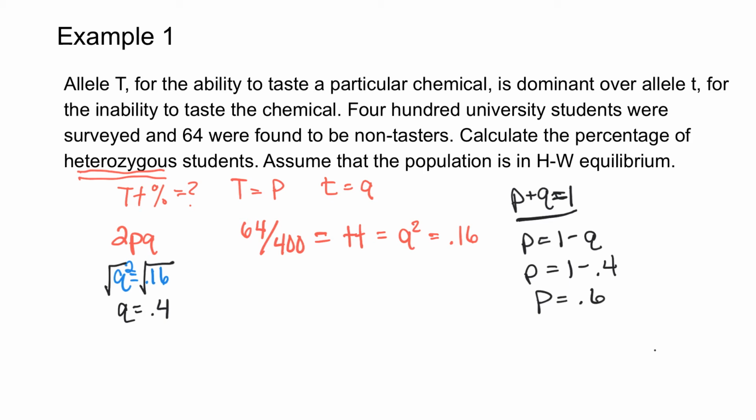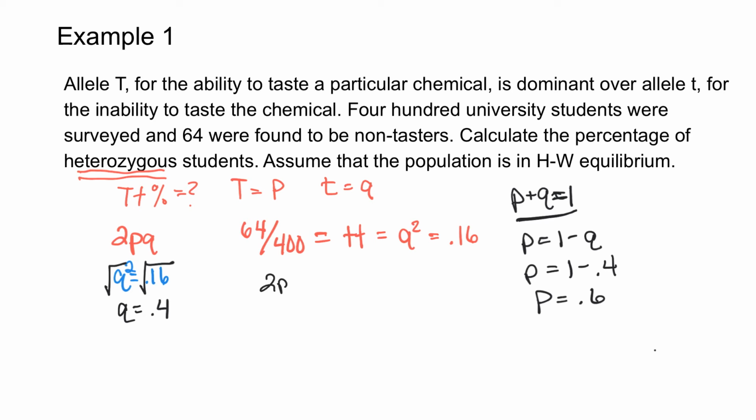So now we know the dominant allele frequency and the frequency of the recessive allele. So now we have to plug p and q into 2pq.